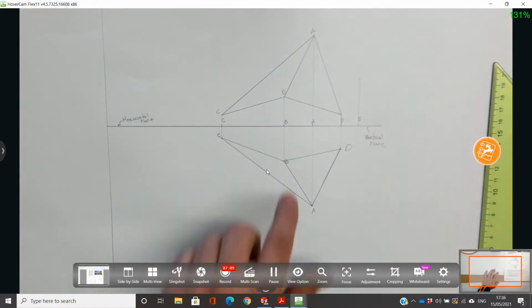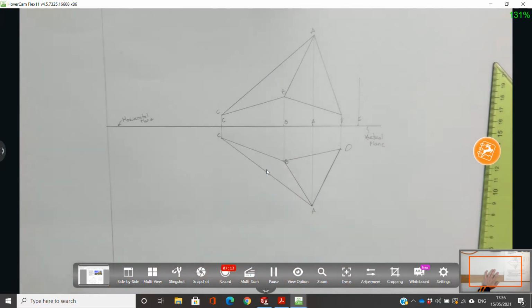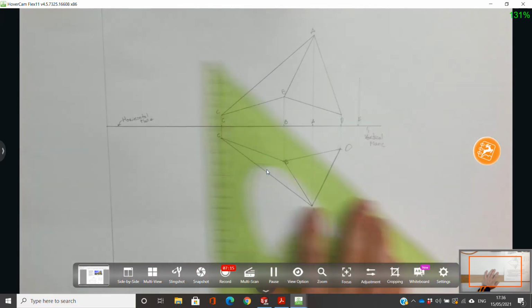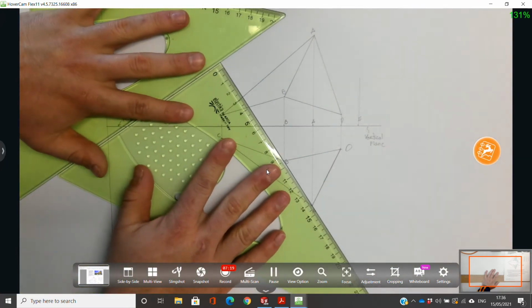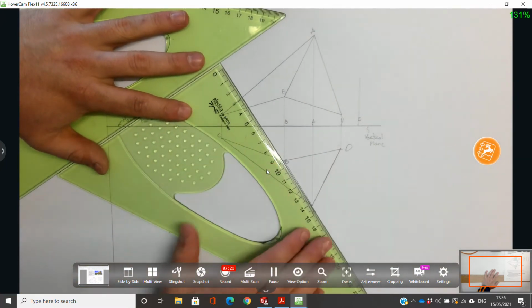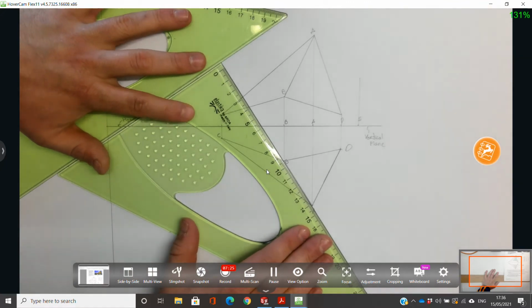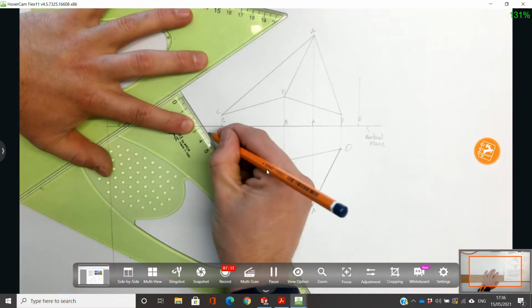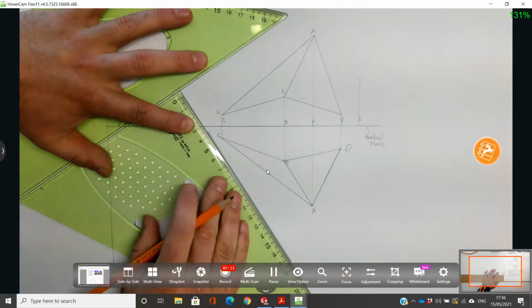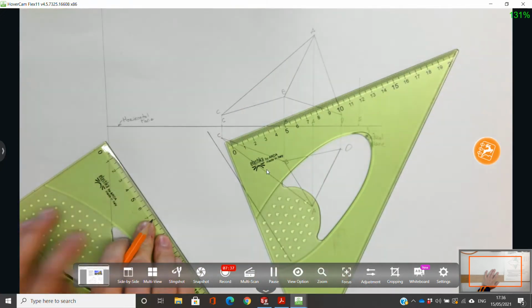Okay, so AB is the line of intersection between the two surfaces. So I'm going to look perpendicular to the line of intersection and draw an x1 and y1 line parallel to that line of intersection. So there's my line of intersection. Here's my projection lines coming in.